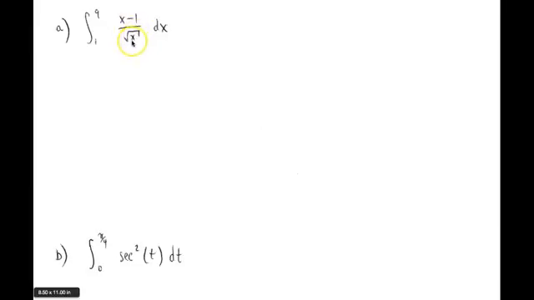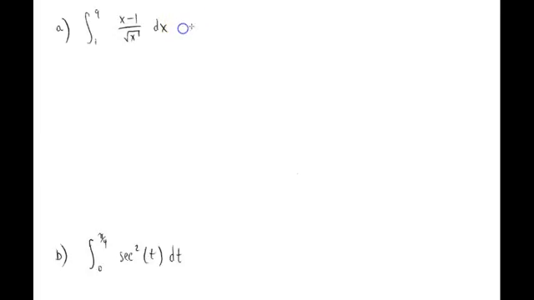Now, the domain of the function x minus 1 divided by square root of x is just all values of x that are greater than 0. And of course, 1 through 9 satisfies that, so we don't have any issues there. So we can indeed take the definite integral of this.